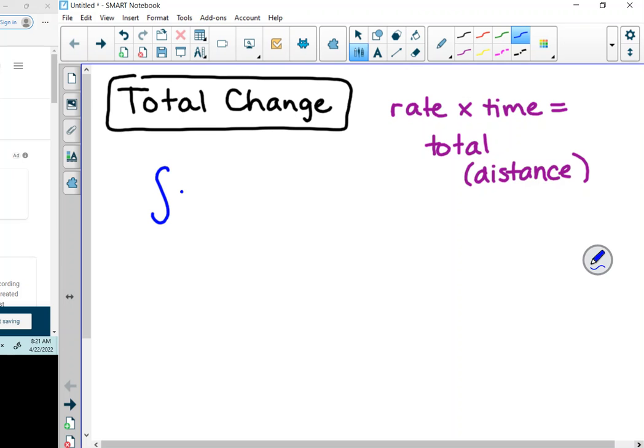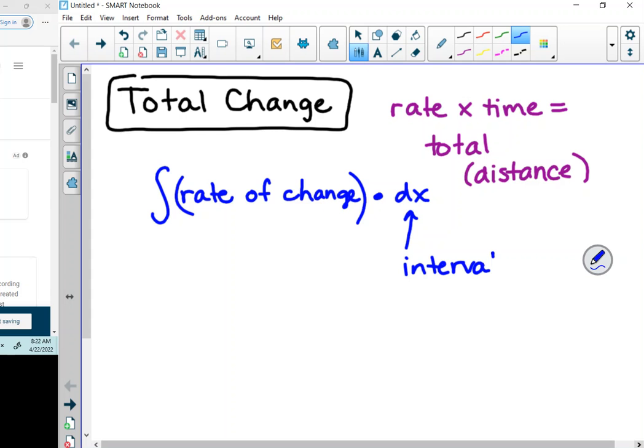So we integrate the rate of change times dx, which represents intervals of time. And then we set up the restrictions on the integral as starting from time A to time B. And that's how we get our total change.